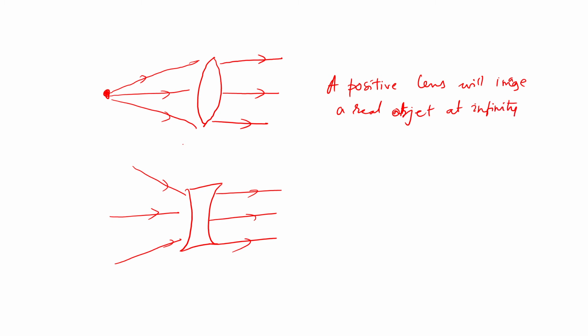That means if I have an object at infinity and I'm getting these parallel rays, I can form an image there. So a positive lens can image an object at infinity, or if you have a point source, I can create from the diverging rays a set of parallel rays. And if I have a set of converging rays, I can create from that a set of parallel rays using a concave lens, right?